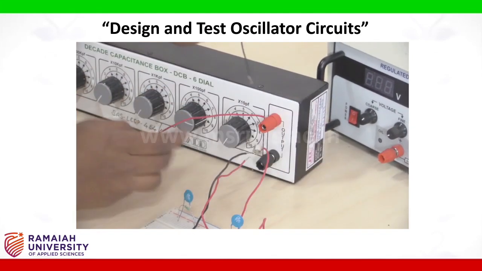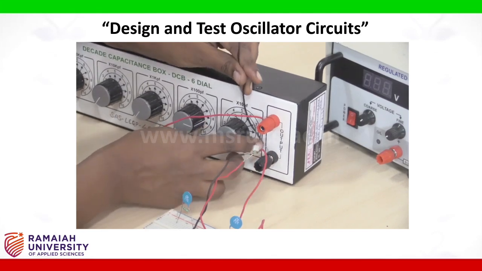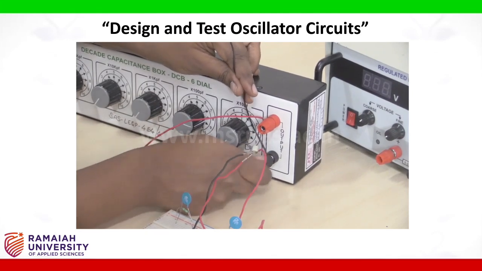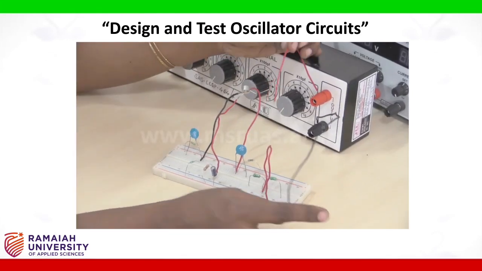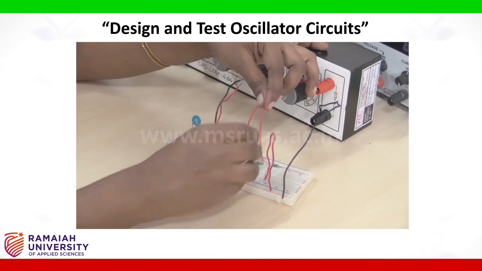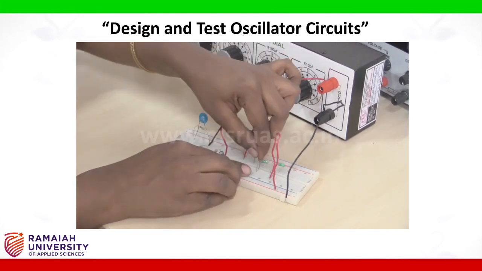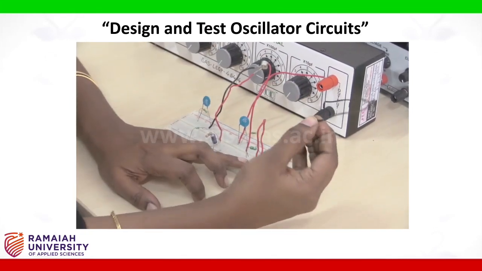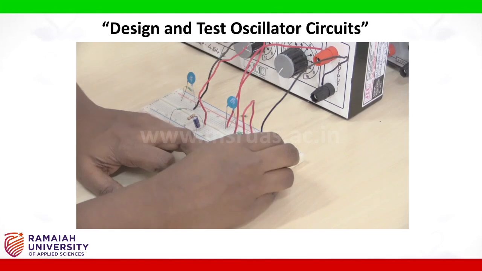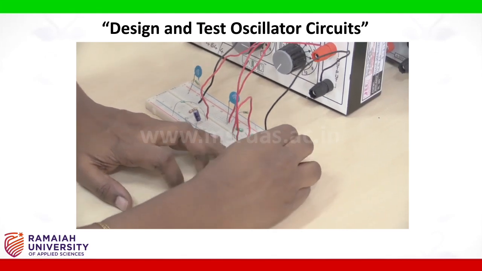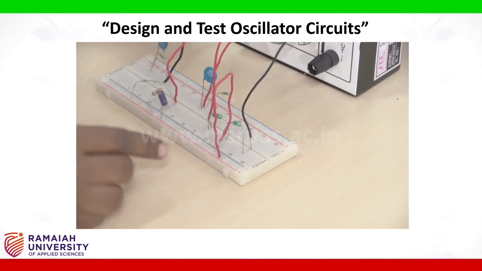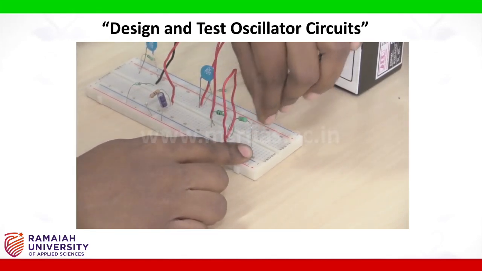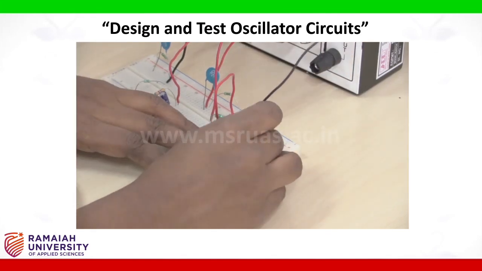So this is the connecting wire from negative of the DCB. Now connect the positive of this capacitor box DCB to the 1 millihenry leg of the inductor. Next connect this side, that is negative of the DCB, to the other side of the 2.2 millihenry inductor. So connect it here.